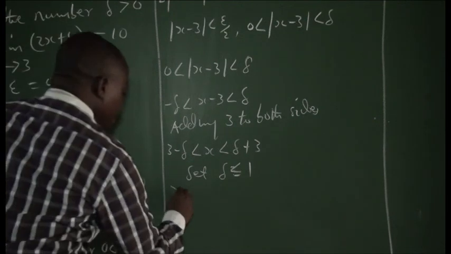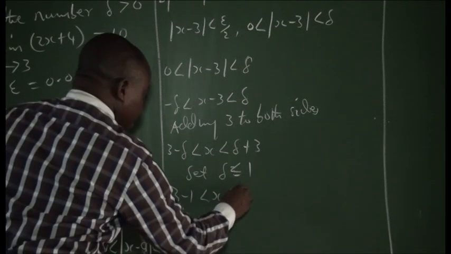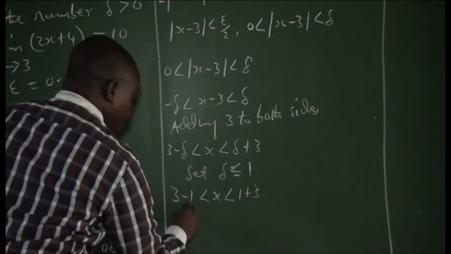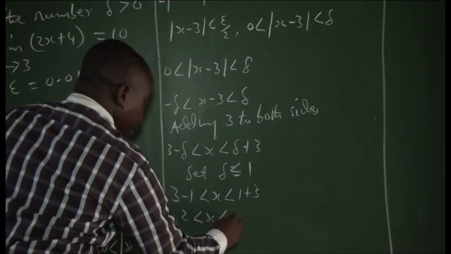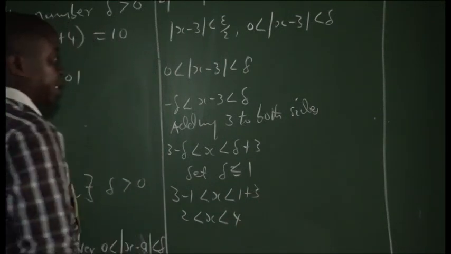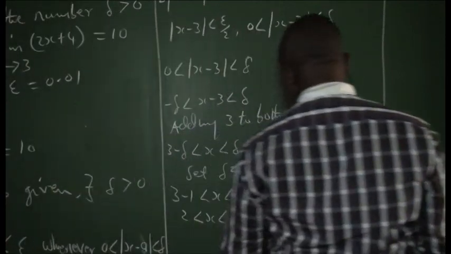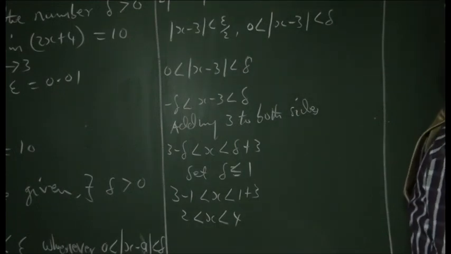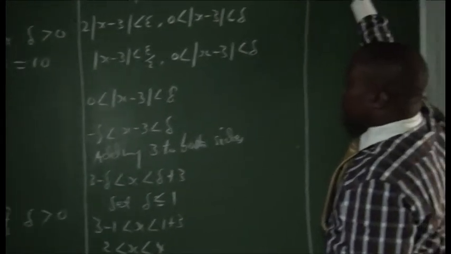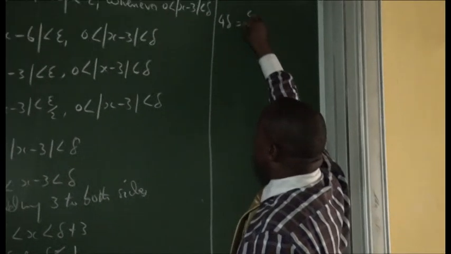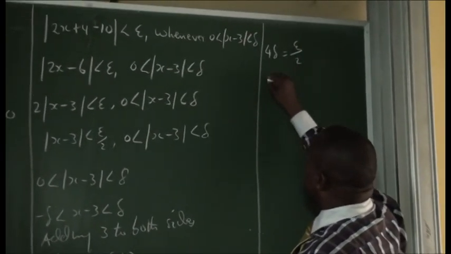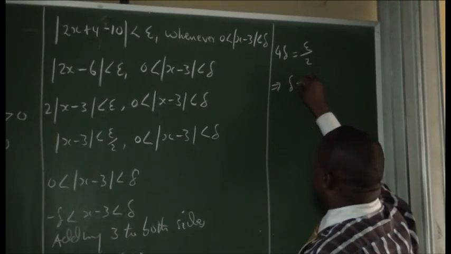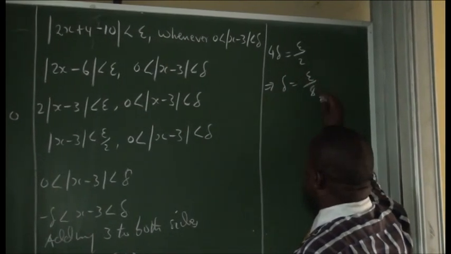We'll have 3 minus 1 is less than x and less than 1 plus 3, which gives me 2 less than x and less than 4. Now if you compare this to delta, you can see that 4 delta is equal to epsilon over 2, which implies that delta is epsilon over 8.